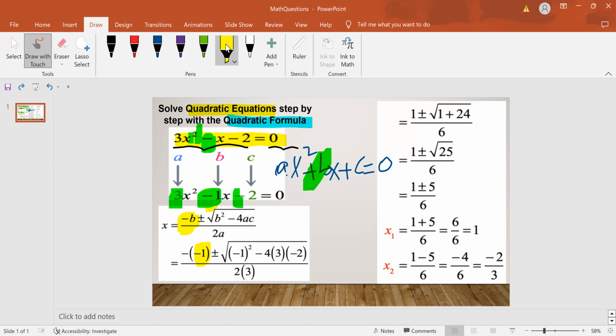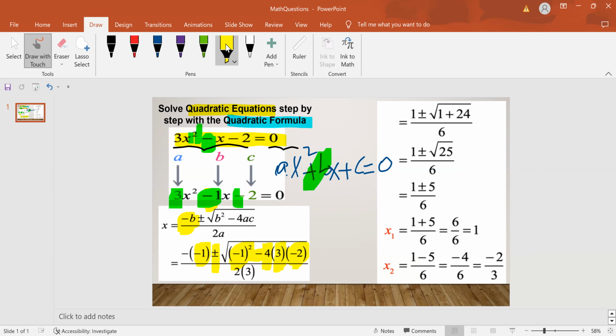Plus or minus, that has to be in the formula. Square root of b squared; again, we use parentheses to avoid mistakes. So b is negative 1, and we take negative 1 and raise it to the second power. Minus 4 times a times c. The a value is 3, the number in front of the x squared, and the c value is negative 2.